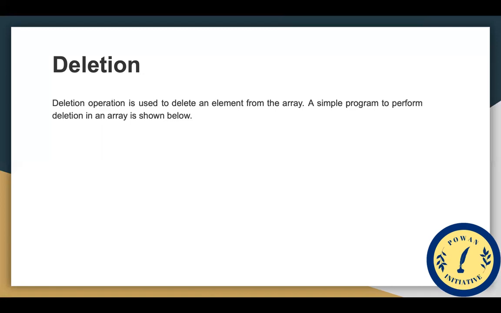It printed "found the element 4" and then printed the modified array. To make it better in terms of user interface, let's put a space over there so it will be better. And again, put it like this.